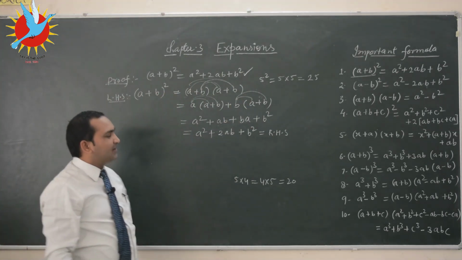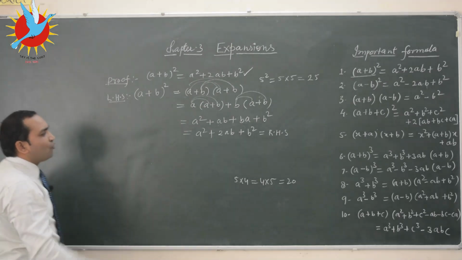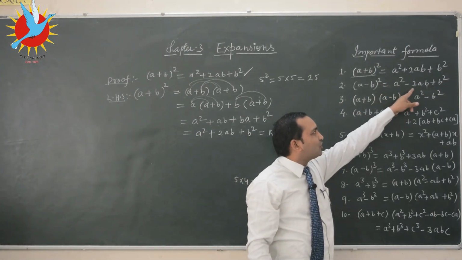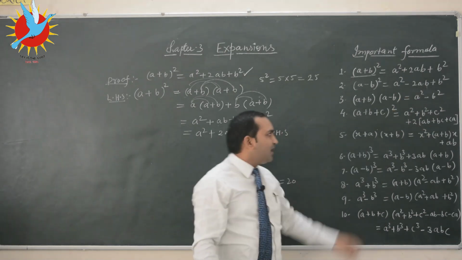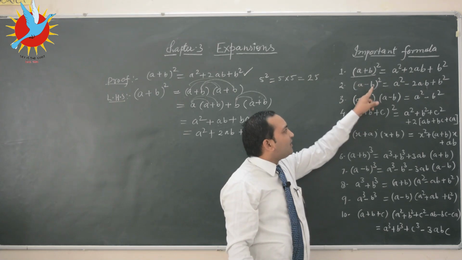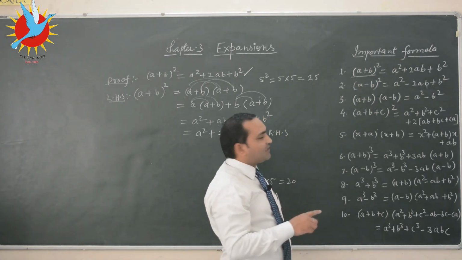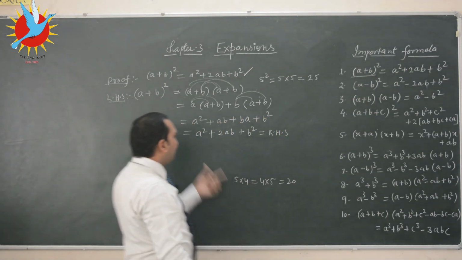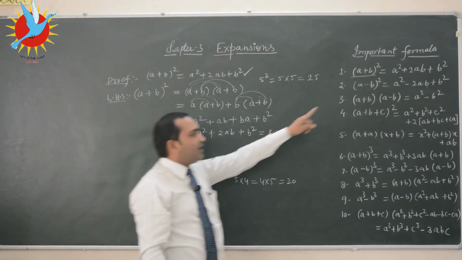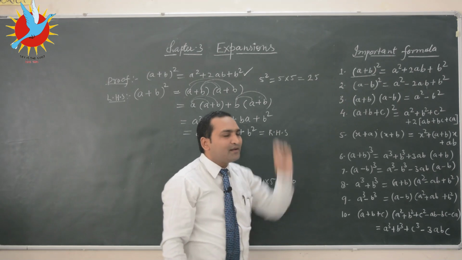Which is the RHS, right hand side. Similarly, we can prove that (a - b) whole square is equal to a square minus 2ab plus b square. It means (a - b) whole square is equal to (a - b) into (a - b). Similarly, we multiply 2 times, and the product will be a square minus 2ab plus b square.